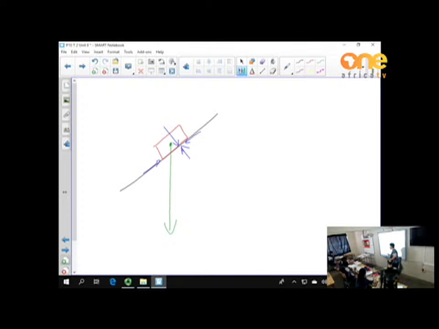Alright, your weight always goes from the center of the object vertically down. There's another concept that we actually should do with this part. It's not in your textbooks. They talk about something called the center of mass. Yeah, it's got to do with that. We'll do that when we get to that part, okay?